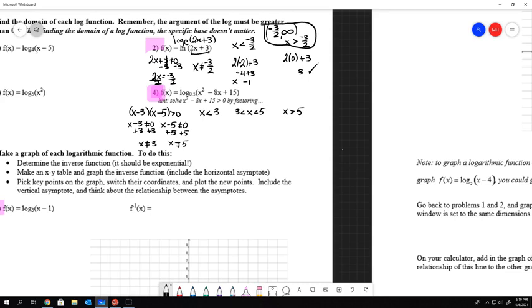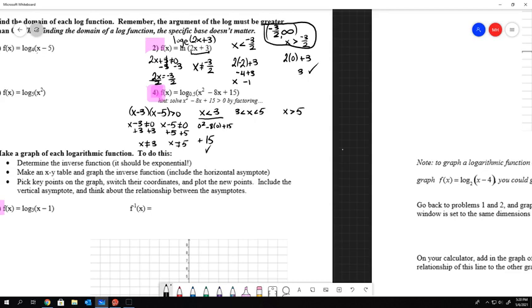So a number less than 3 is 0. 0 squared minus 8 times 0 plus 15. Well, 0 squared is 0. Negative 8 times 0 is 0. And 15 is a positive number. So I know that this one works.